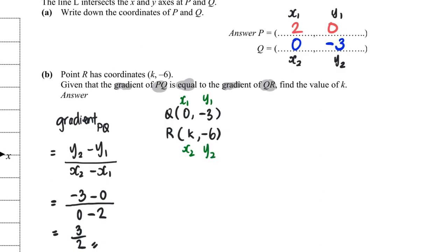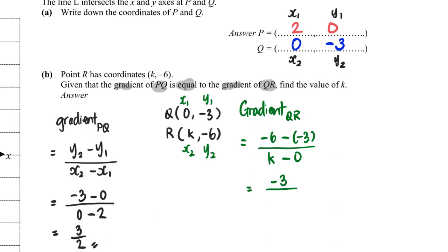So my gradient for QR is therefore equal to, I can write it here. Same thing, y2 minus y1, so I will have negative 6 minus negative 3 over k minus 0. So this one will give me a value of negative 3 over k.